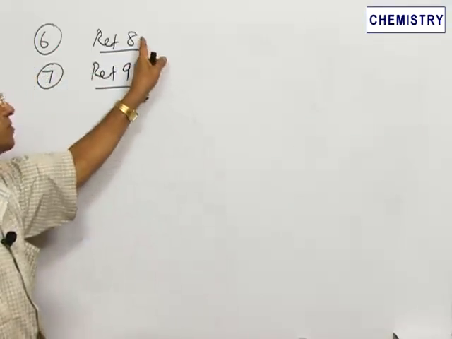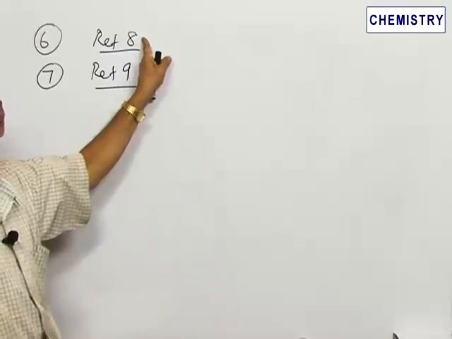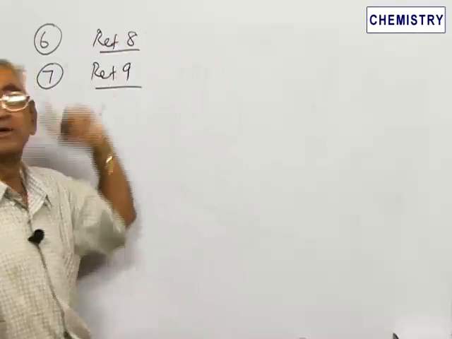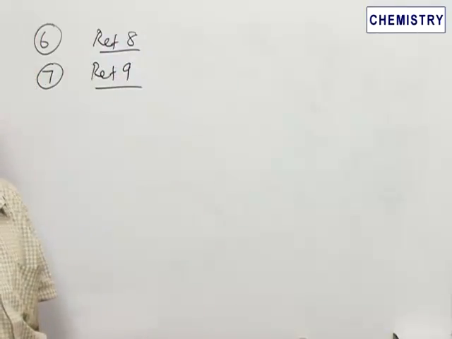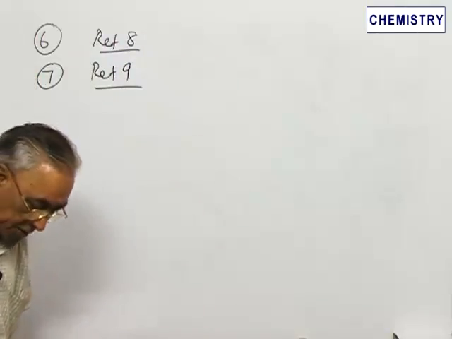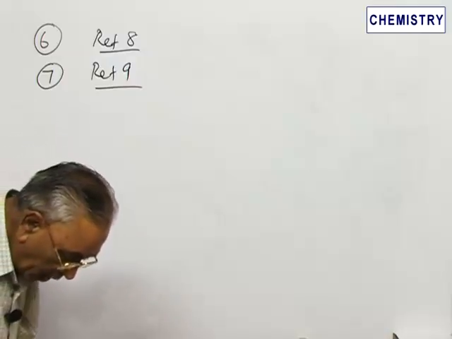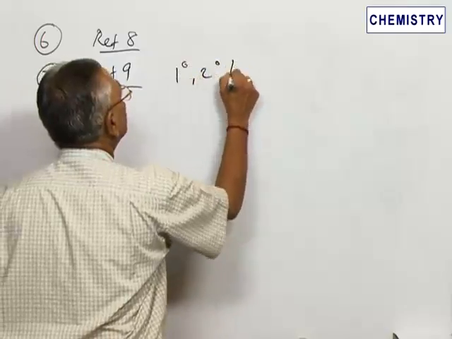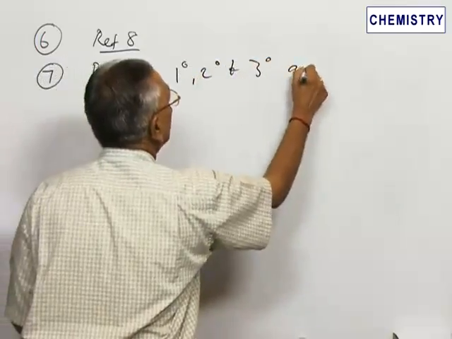That is the answer for question number 8. Because NH2 is made NH3 plus, it gives rise to a meta product, since it is a meta-orienting group.